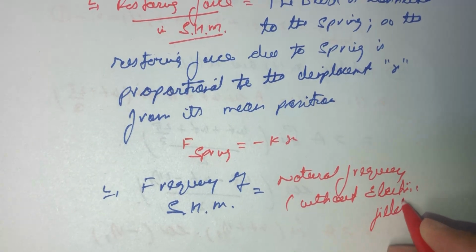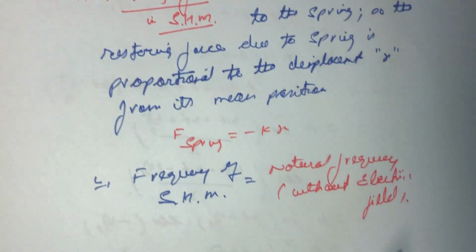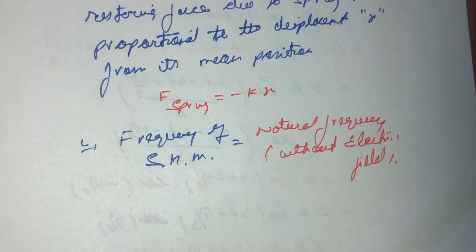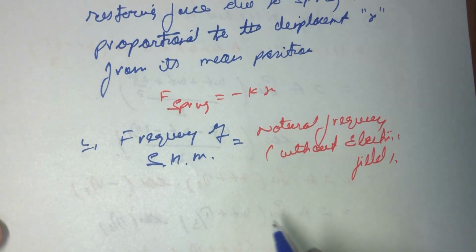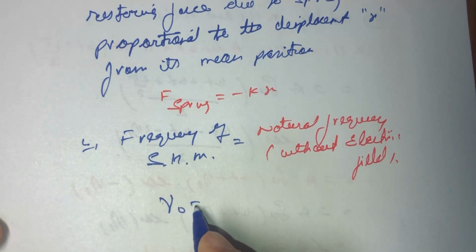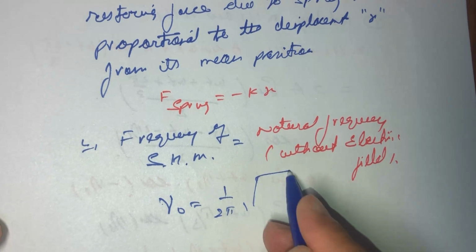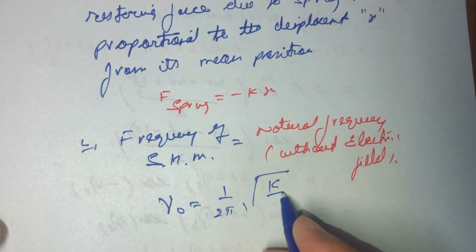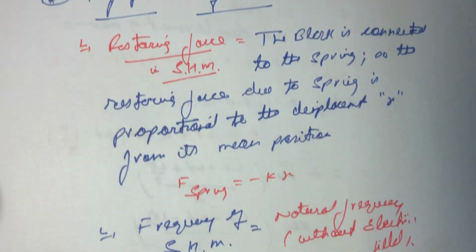In this case the frequency is represented by nu naught. Usually we can also use f or f naught. So nu naught will be equal to 1 upon 2 pi square root of k upon m, where m is the mass of the block and k is the spring constant.